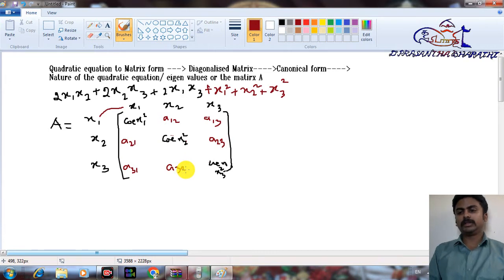For these positions we want half into the coefficient of the corresponding elements: half into the coefficient of x1x2, half into the coefficient of x1x3, half into the coefficient of x2x1, half into the coefficient of x2x3, half into the coefficient of x3x1, and half into the coefficient of x3x2.